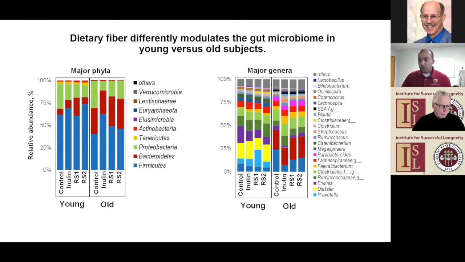Some of the signatures were very similar in the samples from old people and young people, but there were some unique signatures such as Oscillospira, Coprococcus, and a few more Bacteroides genera, which were increased only in old people and not in young people.